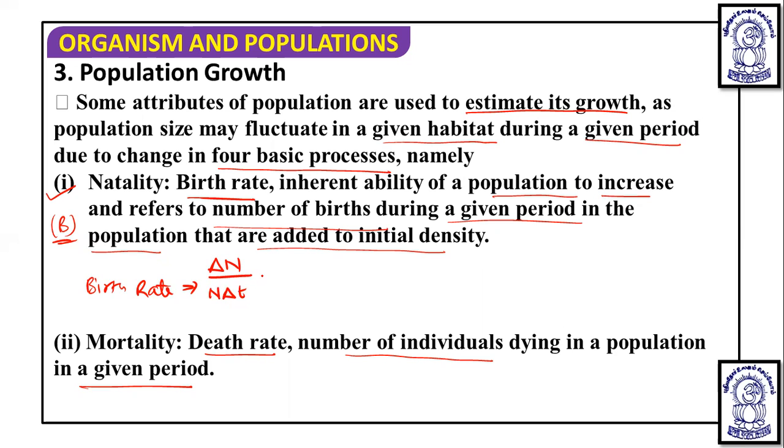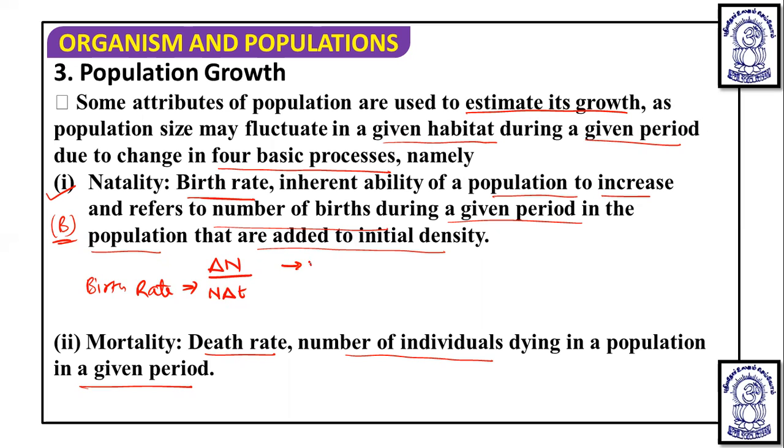So the birth rate is calculated by this formula. And birth rate and death rate are counted per capita, that is, per individual.